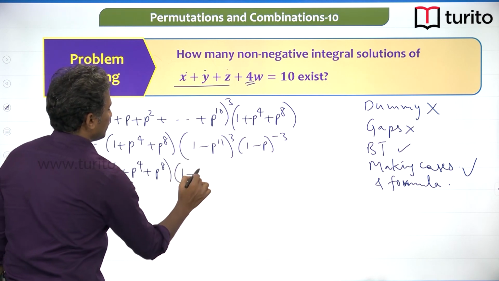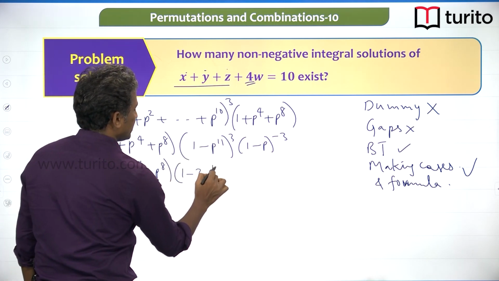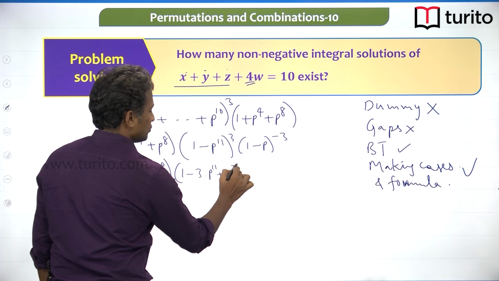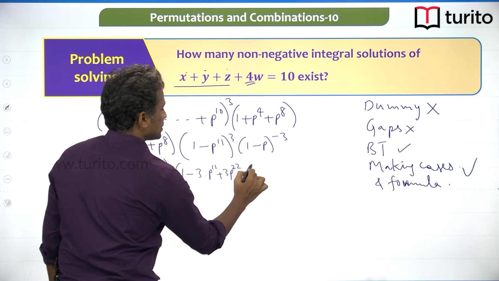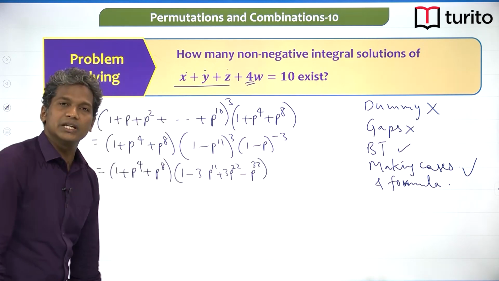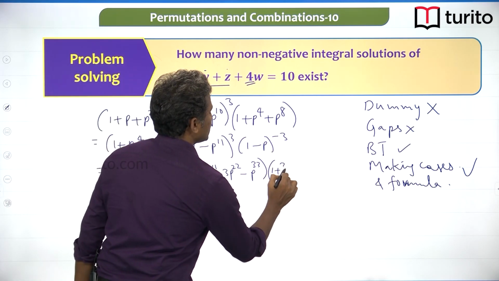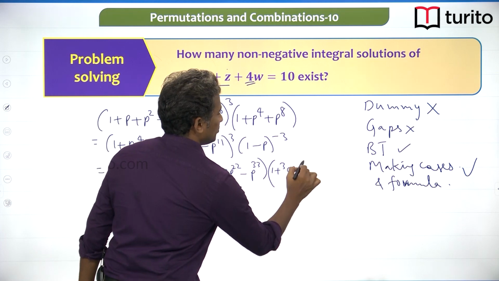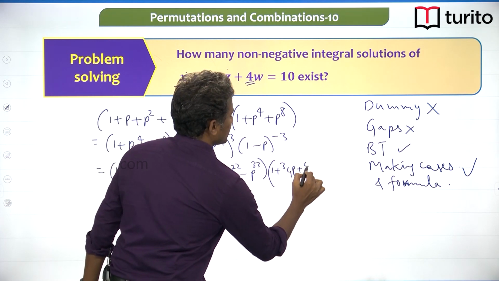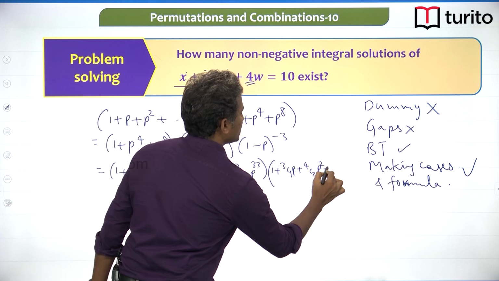So here it is going to be 1 minus 3 into p raised to 11 plus 3 into p raised to 22 minus p raised to 33. This is a minus b whole cube. And here it is going to be 1 plus 3c1 into p plus again 4c2 into p square, and so on. This will go on.